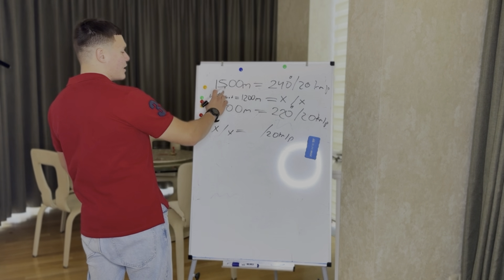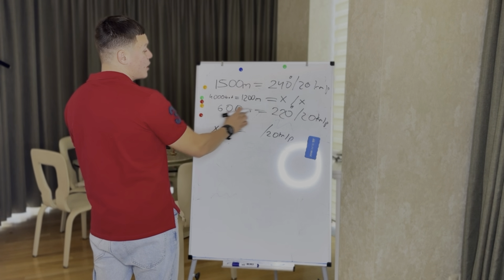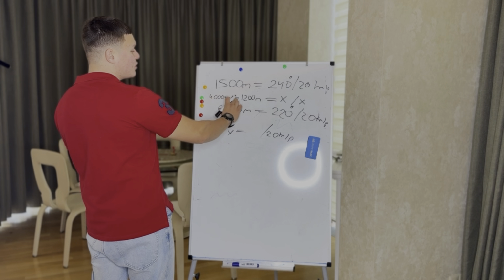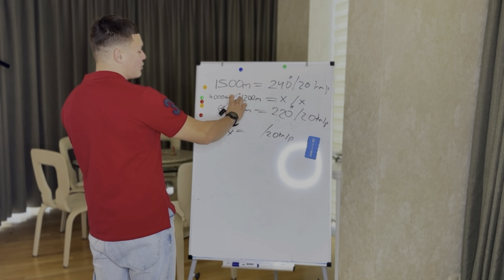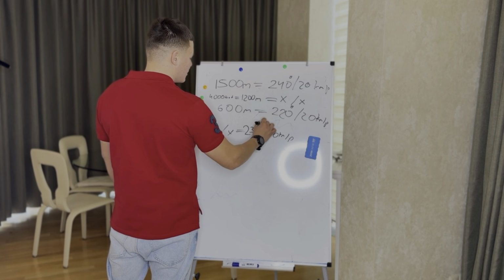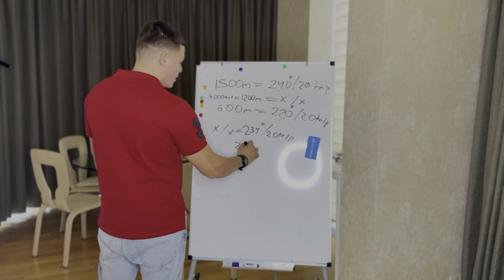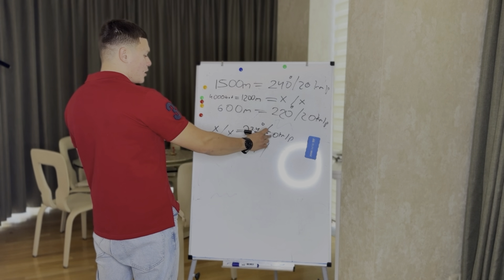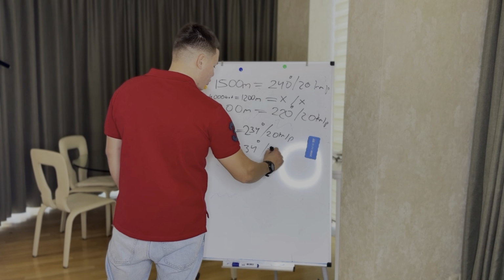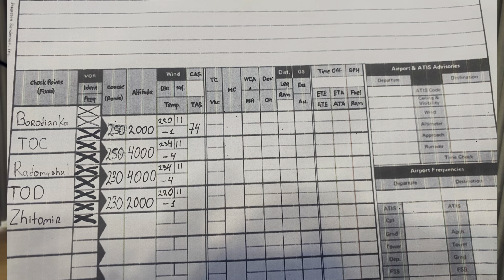The direction at the altitude 1,500 feet is 240, at the altitude 600 meters 220. So at 1,200 meters, the wind's direction will be 230 degrees, and 20 kilometers per hour in knots will be 11 knots. By the same principle, we can find temperature. The temperature at this leg will be -4.